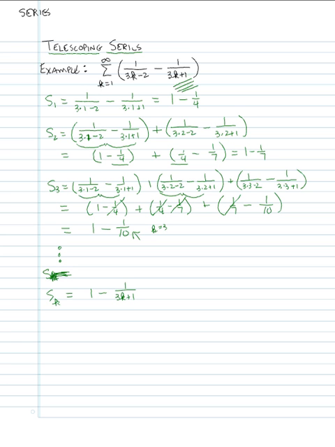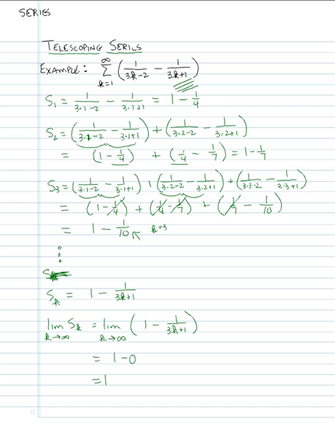And so for our series above, the question is, what is the limit of these partial sums as k goes to infinity? Since we know the kth partial sum is 1 minus 1 over 3k plus 1, that shouldn't take us long to figure out. It's 1 minus 0, which is 1. As k goes to infinity, the second fraction that we're subtracting goes to 0.